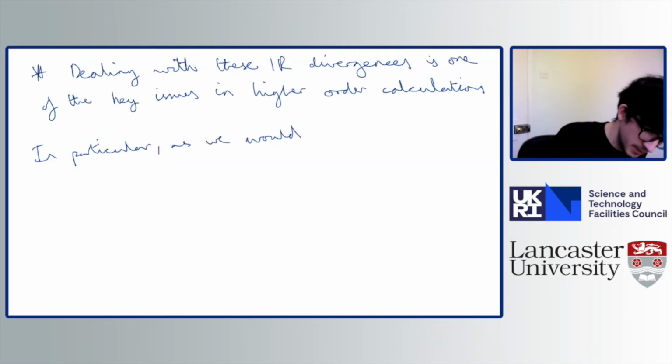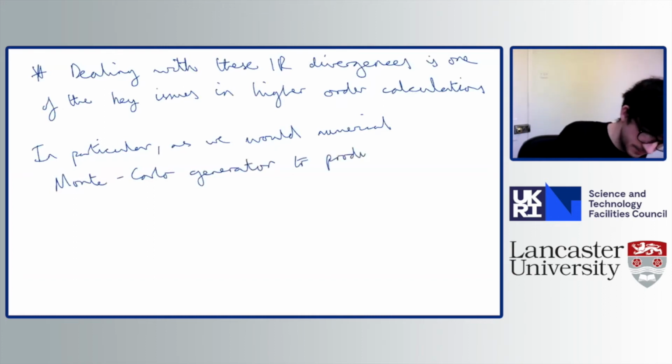So we would like a numerical Monte Carlo generator to produce finite cross sections, clearly. Not just something that a theorist writes down, but actually something you can use.